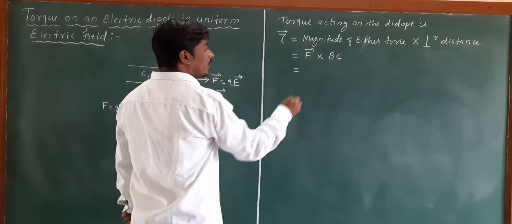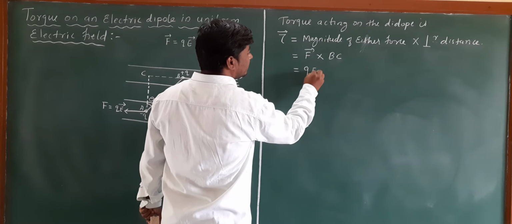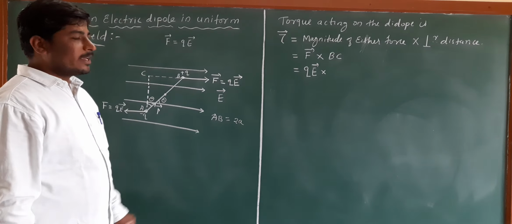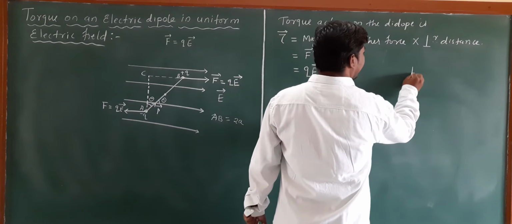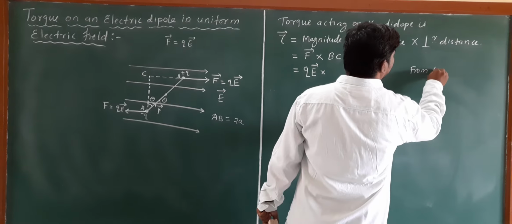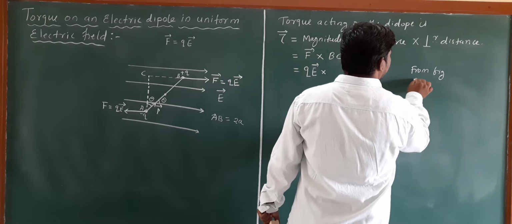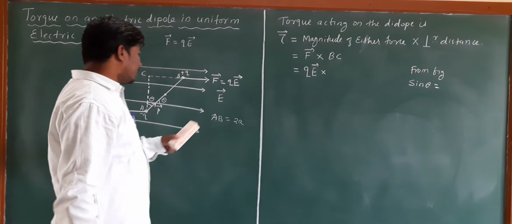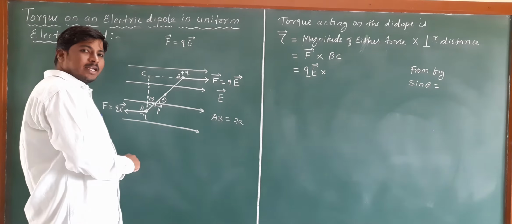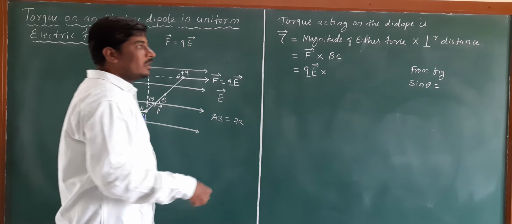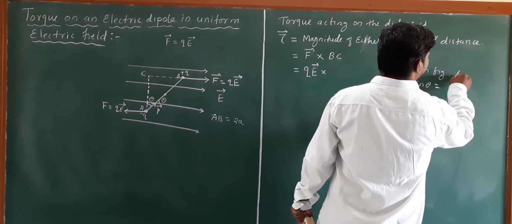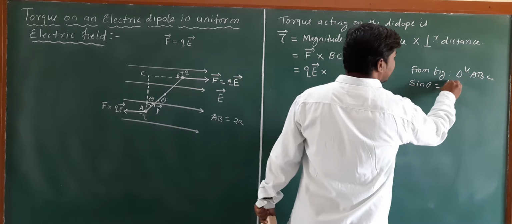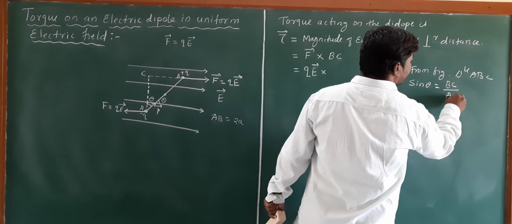What is the force here? That is Q into E. So from the figure we can calculate BC. From triangle ABC, sin theta is equal to BC divided by AB.